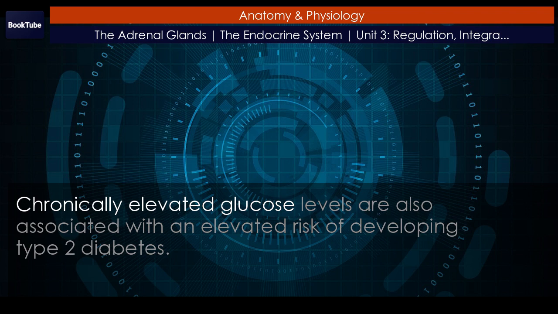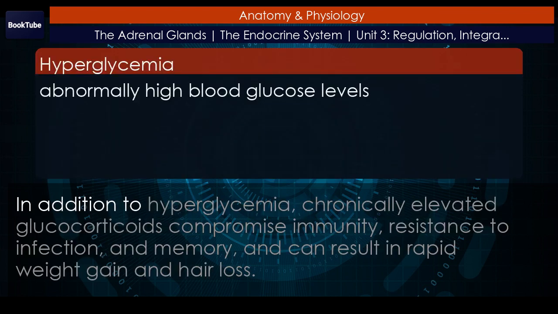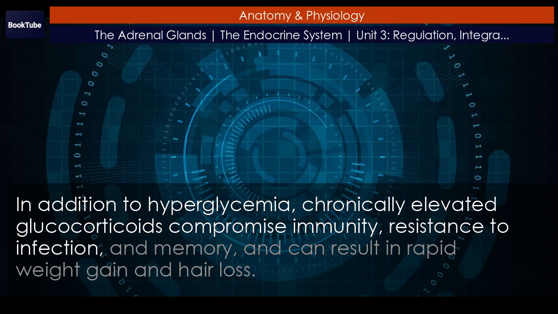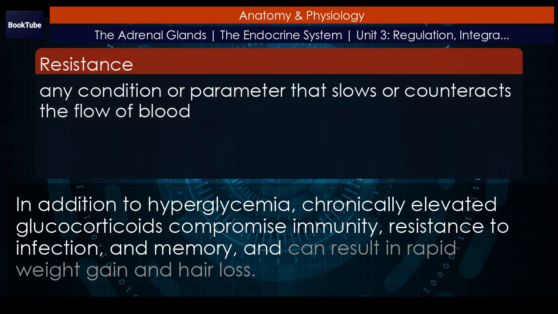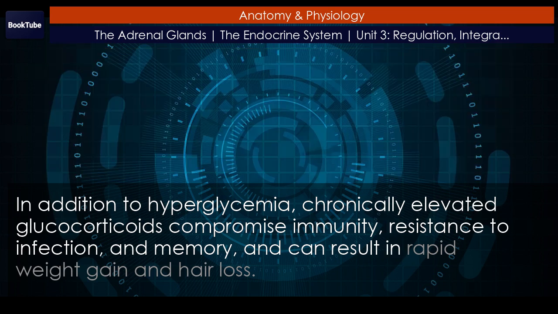Chronically elevated glucose levels are also associated with an elevated risk of developing type 2 diabetes. In addition to hyperglycemia, chronically elevated glucocorticoids compromise immunity, resistance to infection, and memory, and can result in rapid weight gain and hair loss.